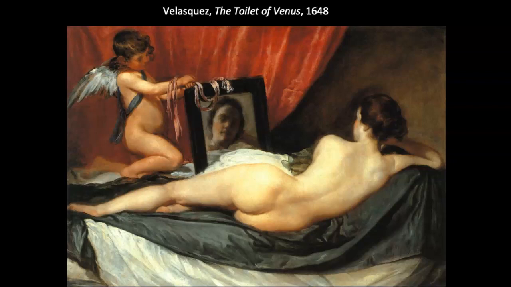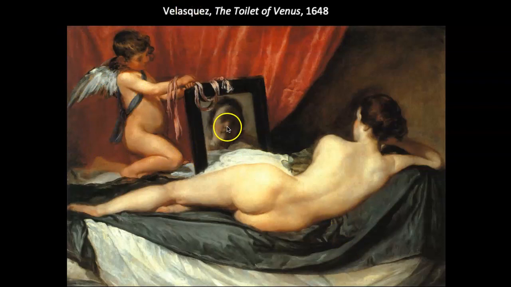Toilette is not just like the toilet where you pee into. The toilette is French for the act of getting ready for an event or the day. So here we see Venus, the goddess of love and sex and beauty, and she's at her toilette. Her son, Cupid, right here, is holding her mirror so she can admire herself.